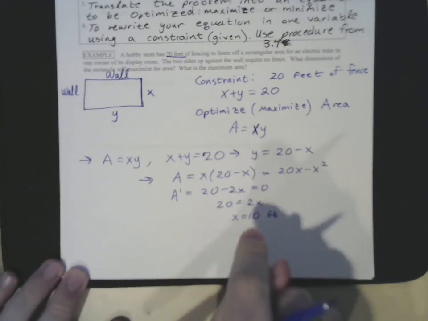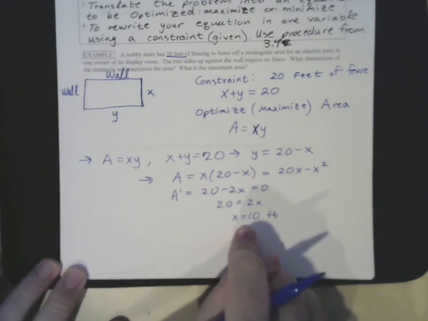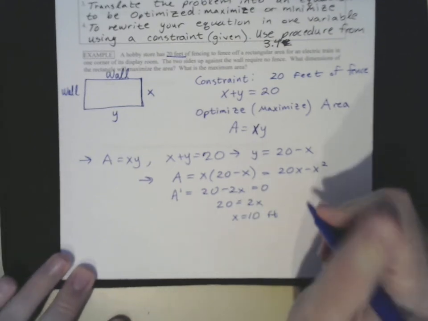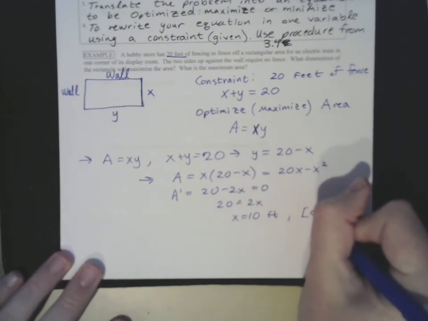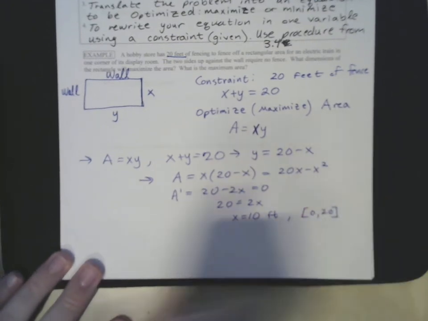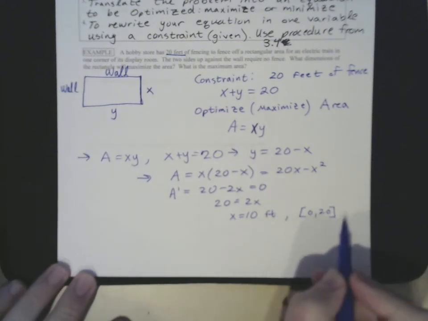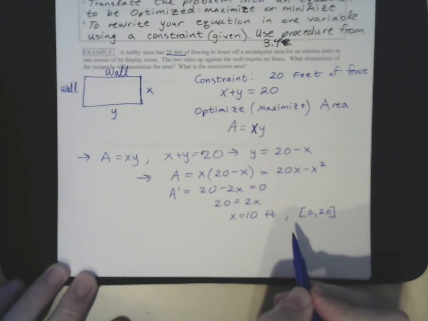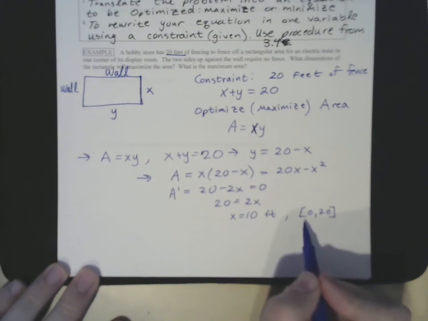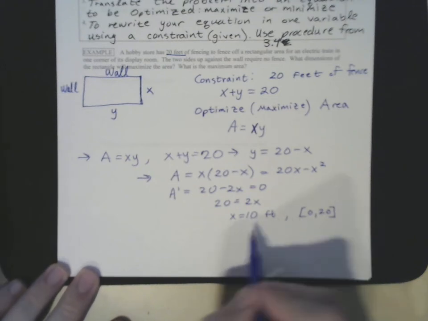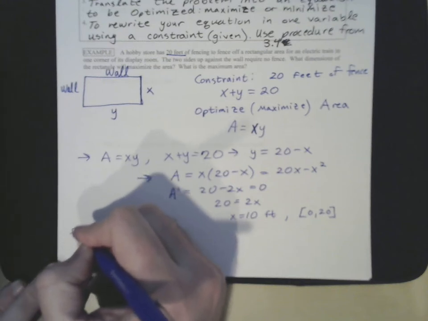Now we need to check this. We have one critical value. There is a closed interval, 0 to 20. So there are some shortcuts we can take because this is a real world problem. Because we have one critical value, we know we're going to want to do the second derivative.